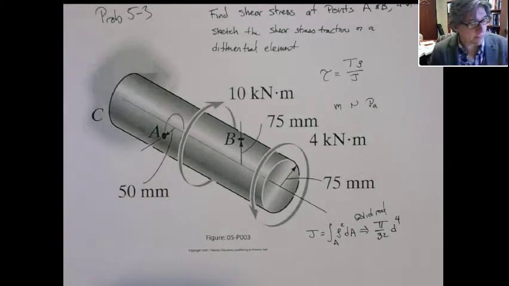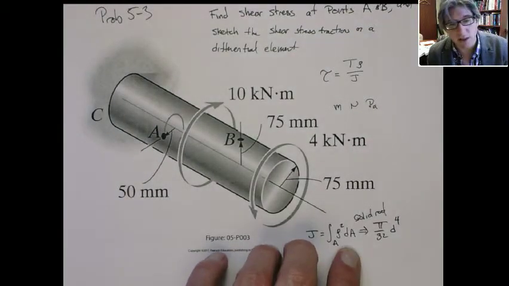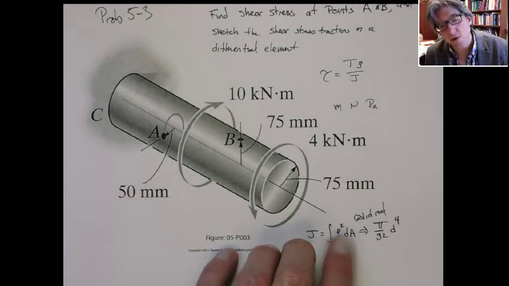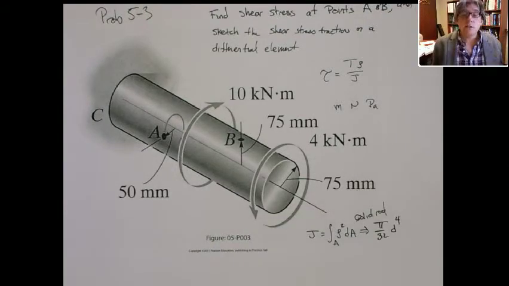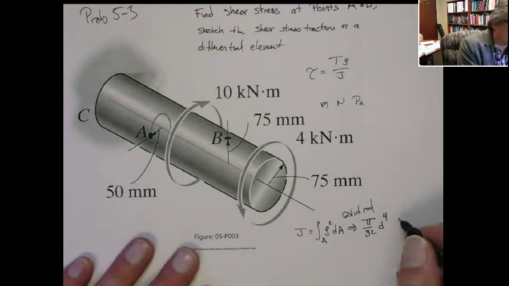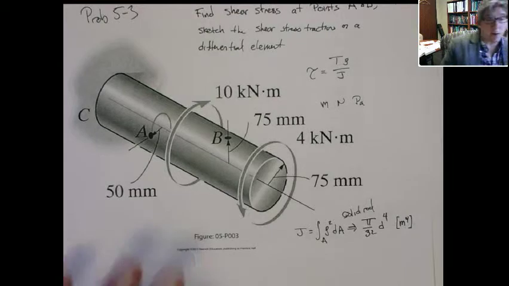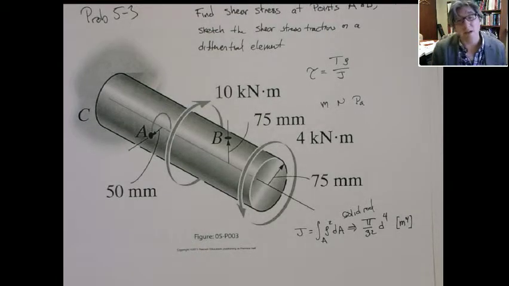The fourth comes about because you have area, which is length squared, and a rho squared, so it's the diameter to the fourth. So the units for J are meters to the fourth power. They're going to get really small, because millimeters to the fourth is even smaller than millimeters.